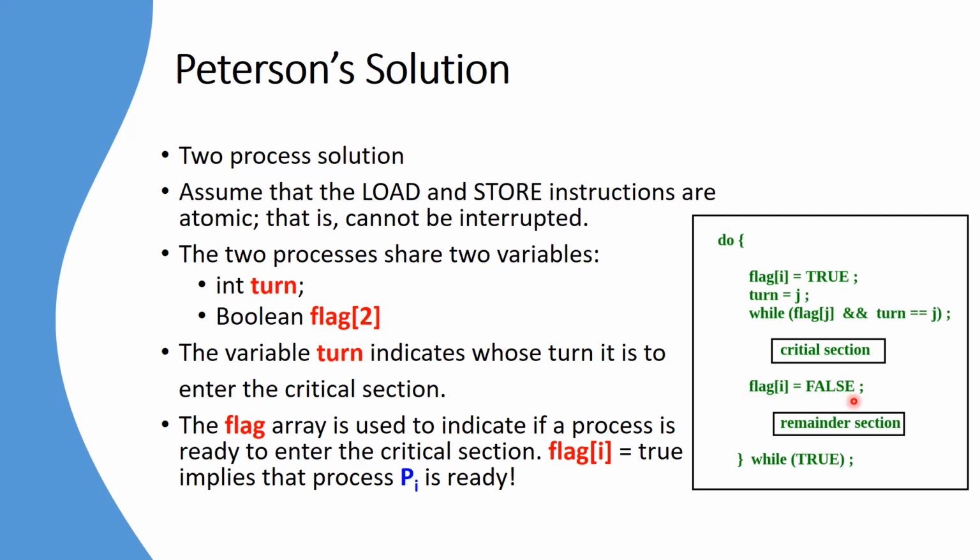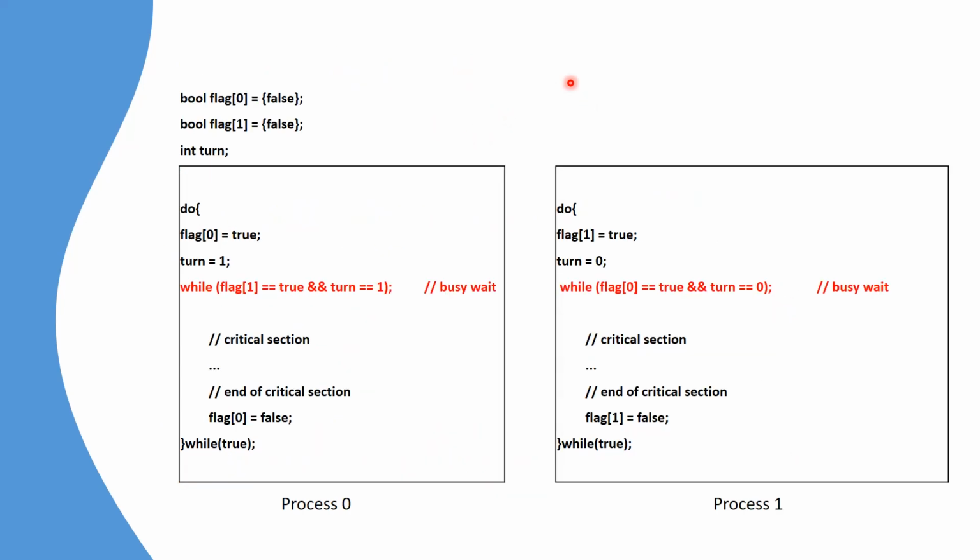So let us look at the three properties that must be satisfied by the Peterson solution, that is mutual exclusion, progress, and bounded waiting, if you consider the software-based solution for the critical section for two processes. In this code, there are two processes, process 0 and process 1, executing the same code.